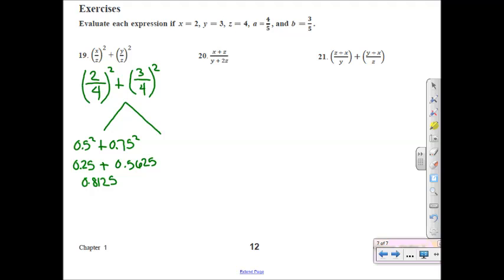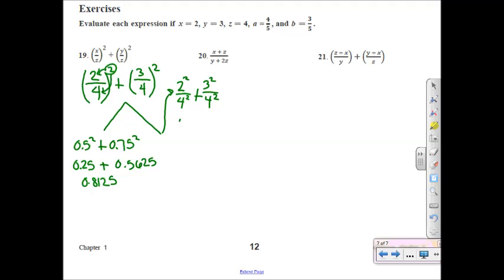The other way that you can do it is the squared applies to both the top and the bottom. So you would have 2 squared over 4 squared plus 3 squared over 4 squared. And then we just evaluate all of the squareds.